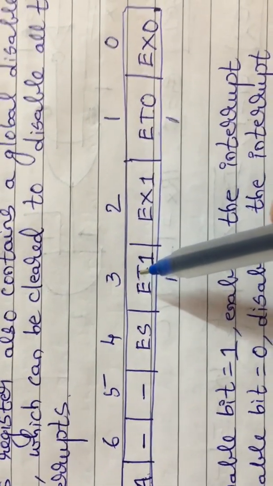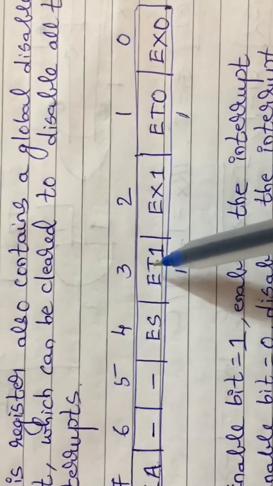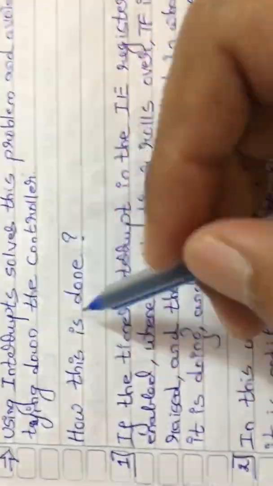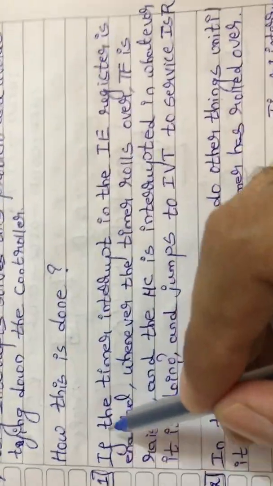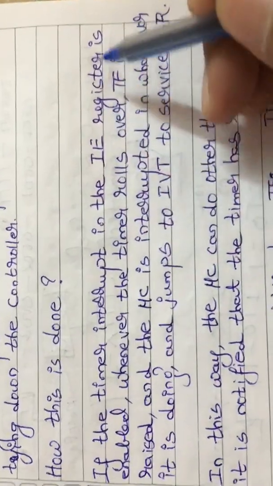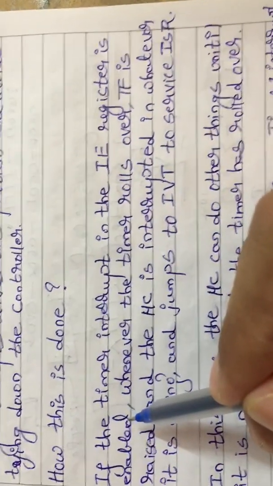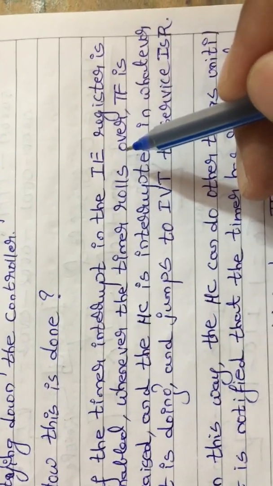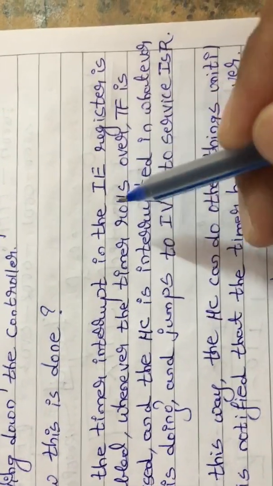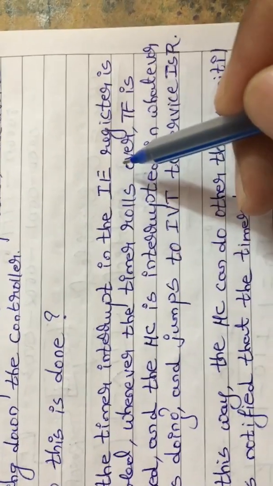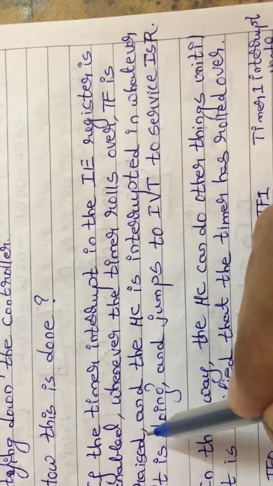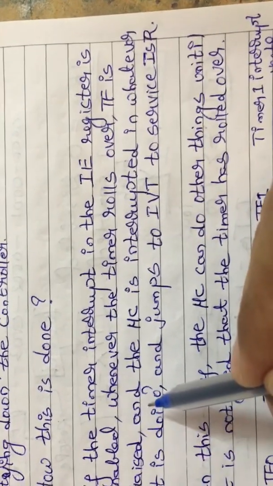So we need to write the instruction in such a way that the particular interrupt bit is equal to 1. If the timer interrupt in the IE register is enabled, whenever the timer reaches the maximum value and rolls back to 0000, TF is raised. When TF is raised, the interrupt is generated.